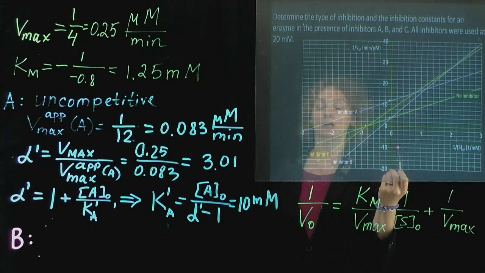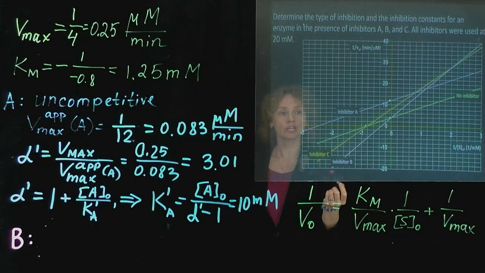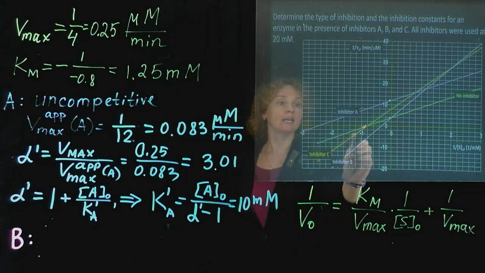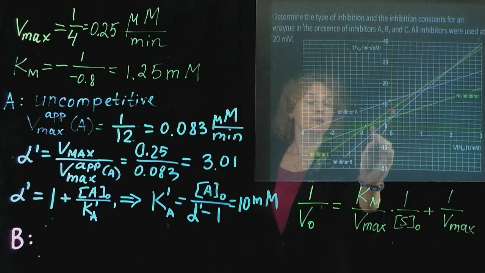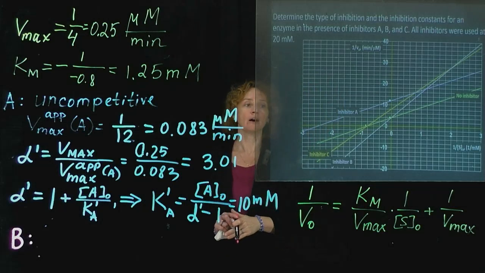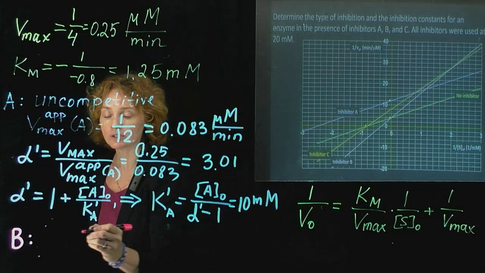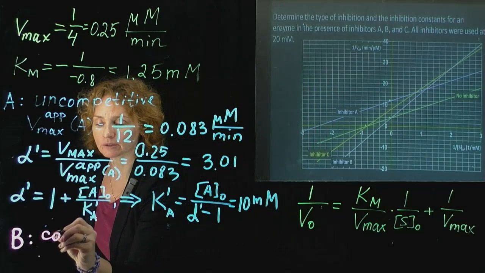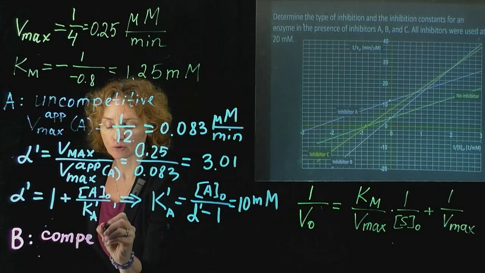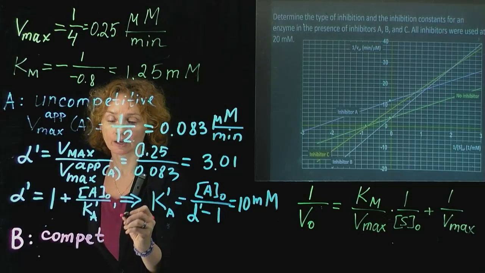It means that maximum velocity is not changed by the presence of the inhibitor. But Km, the x-intercept, the absolute value of it, gets smaller. So it means that Km gets higher. And we know that this is only possible for competitive inhibition. So inhibitor B is a competitive inhibitor.